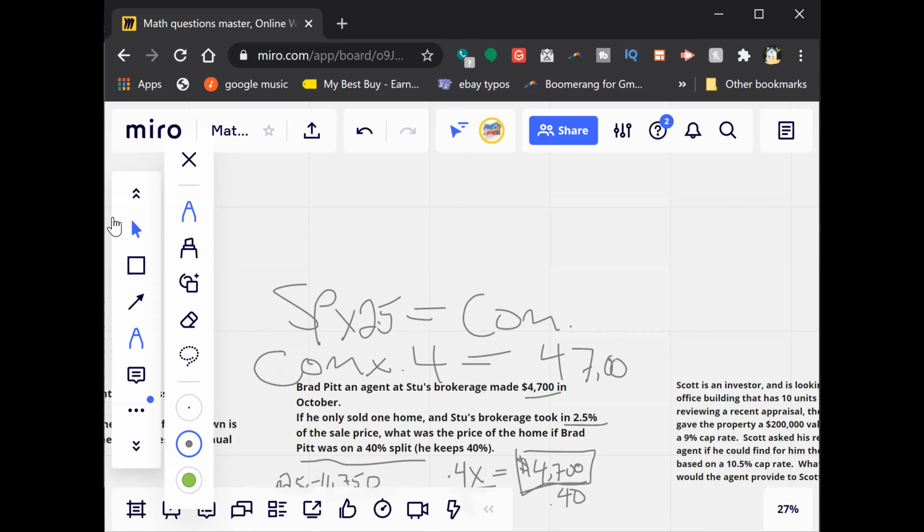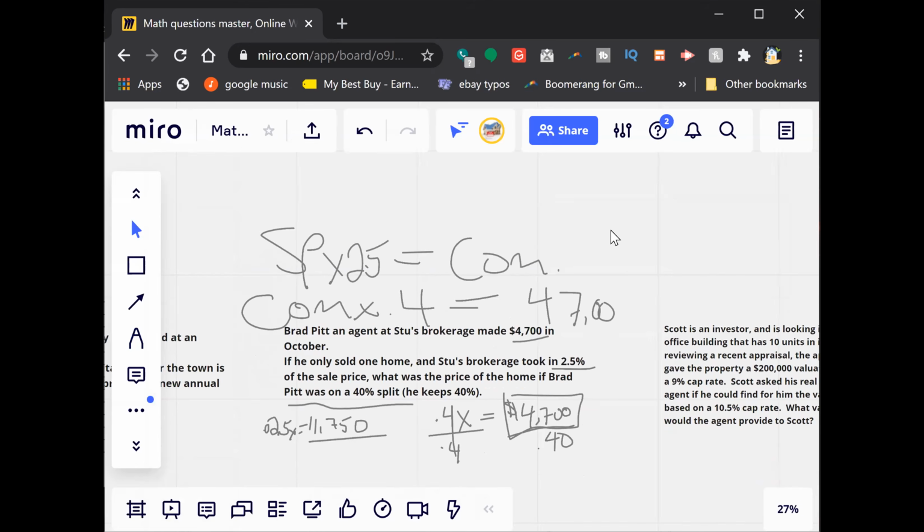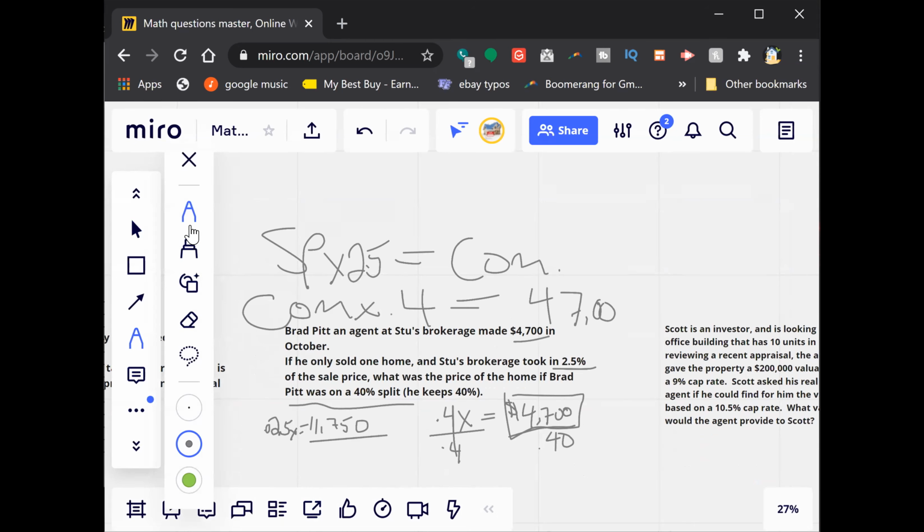Now, what we have to do is basically work backwards. So we have to go from here all the way up to here. So we have to divide by 0.4 and then divide that number by 0.025. So what would you guys get if you did that math?